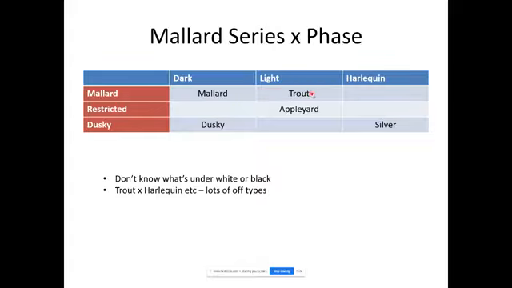If you have the light phase, you're a trout coloured bird. If we think of the mallard restricted allele here, in the light phase, you're the apple-yard coloured bird. In the dark phase, with the dusky allele, you're a dusky, and with the harlequin phase on the dusky, that's the silver type. So a silver call duck, for instance, or the examples that we talked about with the Welsh Harlequin and the Abercut Ranger.